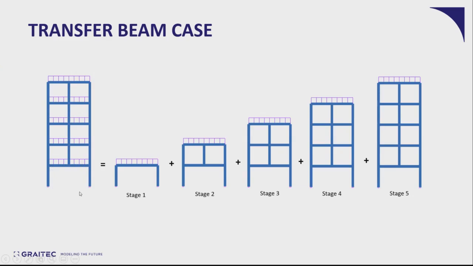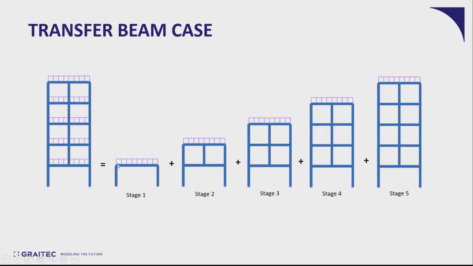The purpose of this example is to display the importance of doing a stage construction analysis for this type of structure in order to capture its real behavior. So doing a stage construction here is equivalent to the following. At stage 1, we have the construction of the first floor.